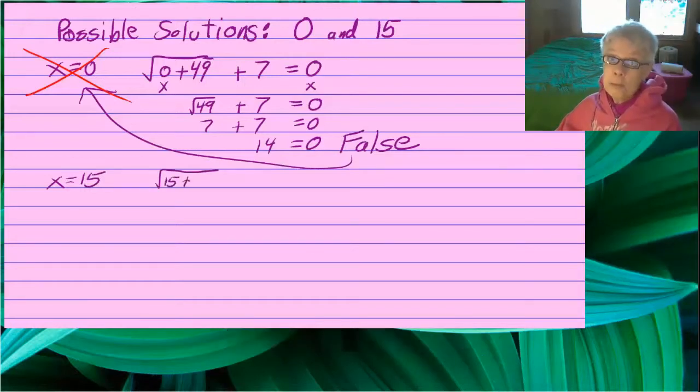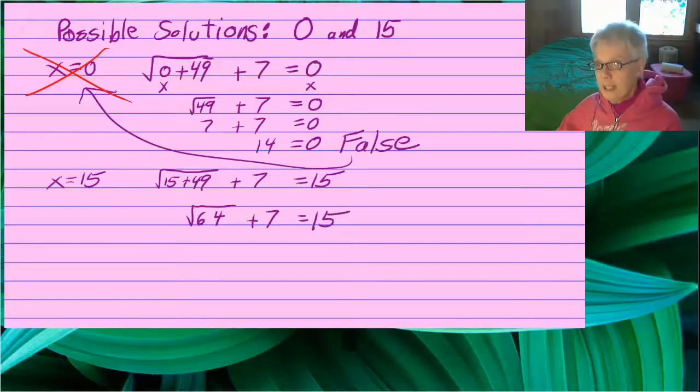I've solved problems where neither answer works. All right, we'll put 15 in for both the x's. The square root of 15 plus 49, plus 7 equals 15. So this will be the square root of 64 plus 7 equals 15. 8 plus 7, does that equal 15?